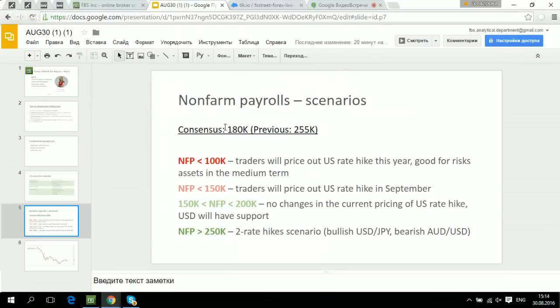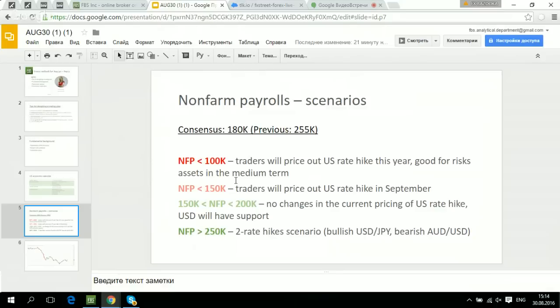The consensus forecast is much more moderate, and if the reading is in line with consensus forecast, it will keep alive the expectations of the Federal Reserve rate hikes this year. However, we should remember that not only NFP will be released, there will be also data about average hourly earnings and US unemployment rate.